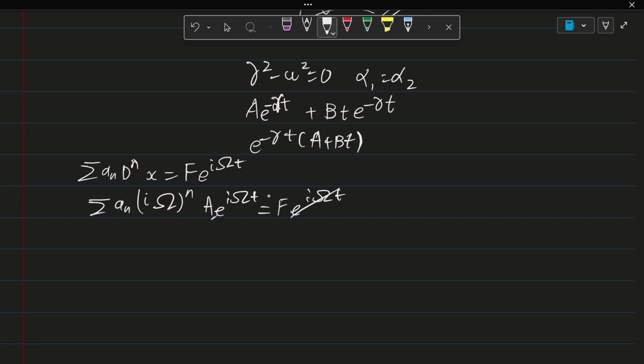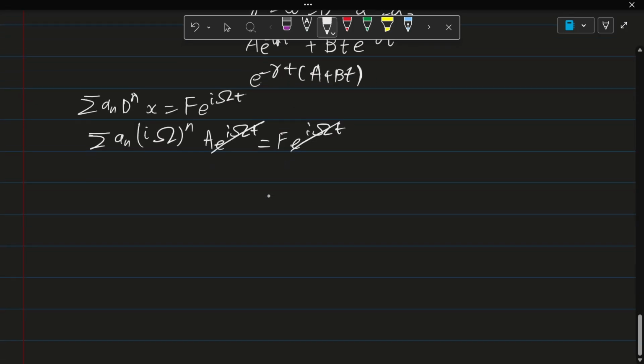So you could just cancel these guys out. And what you would need to solve is literally just this equation here. So if you solve this equation, it's just a equals f over the sum of a_n (i omega)^n. But let's consider a very specific solution.